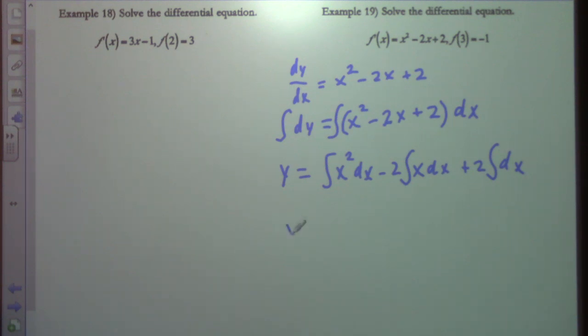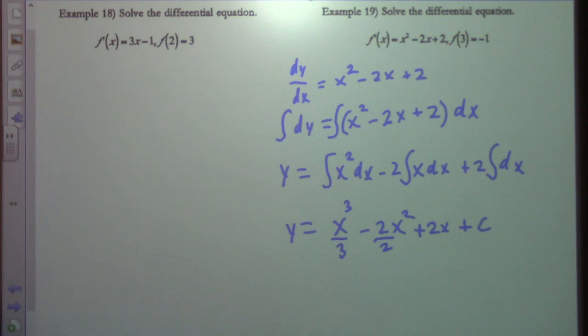And then y is equal to x cubed divided by 3 minus 2x squared divided by 2 plus 2x plus c.